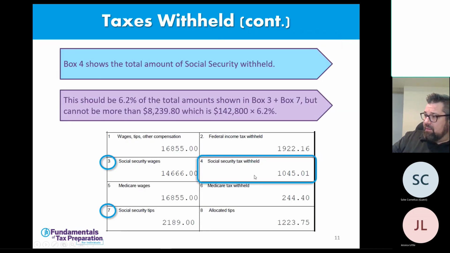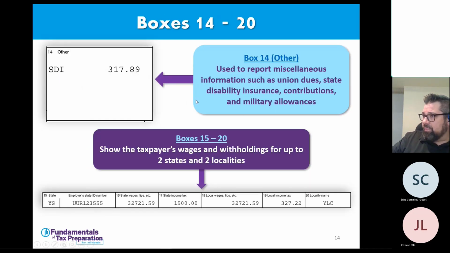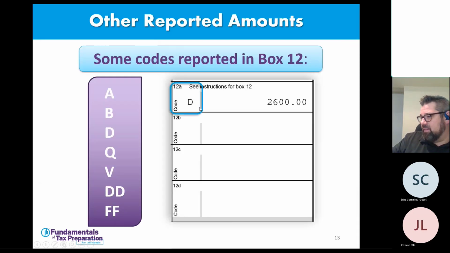And then it talks about the percentages of Social Security and Medicare wages, which is not something we need to really worry about either, right? So this talks about the other. Let's see, D, I guess, is for retirement, basically withholdings by the employee. We've also got codes for the medical insurance and that kind of thing.